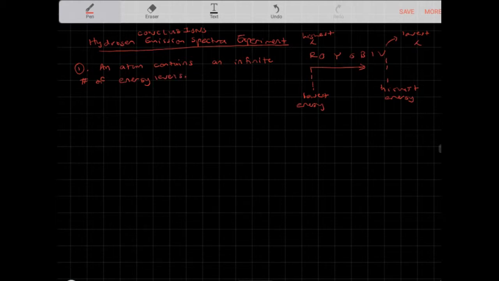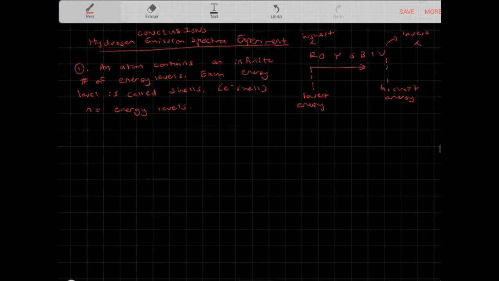Each energy level is called a shell. Specifically, we can call it an electron shell. I'm going to use N for energy levels, so electron shells.